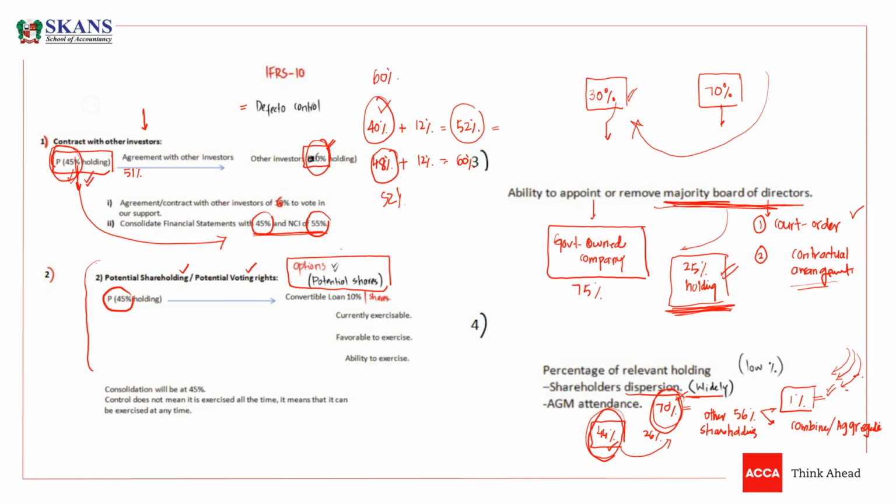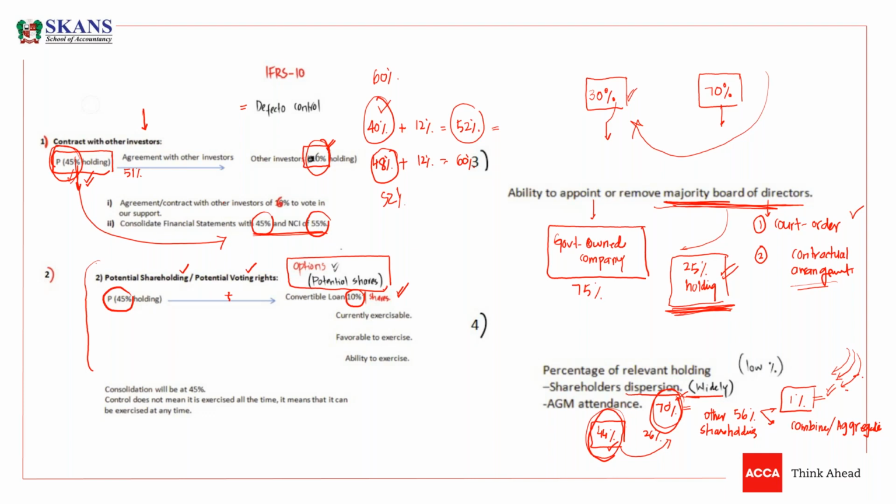And along with these 45% holding, they have a convertible loan, which can give them 10% more shares. Right now we have 45%, but we can get 10% more by converting these loans. This loan can be converted into shares sometime in future.